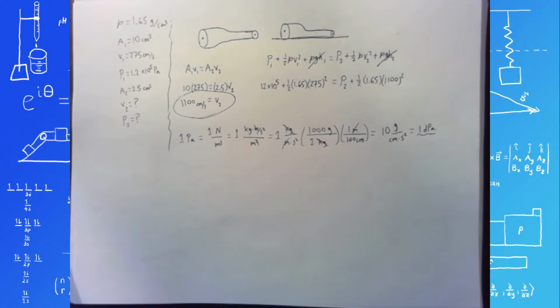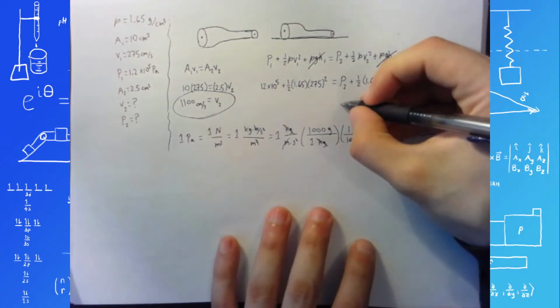So we've got 12 times 10 to the 5 plus 1/2 times 1.65 times 275 squared, and then minus 1/2 times 1.65 times 1100 squared equals a really big number, 264,140.625.